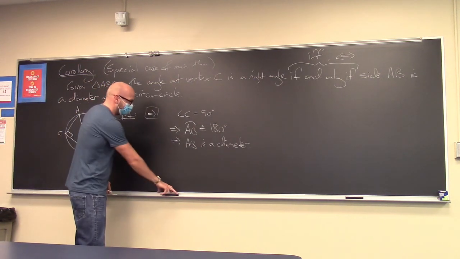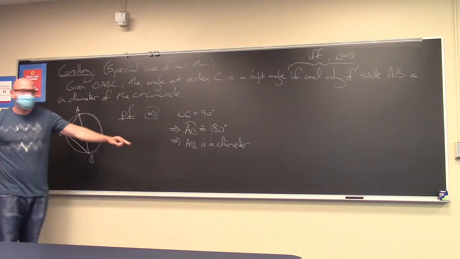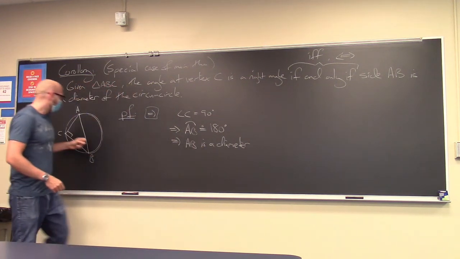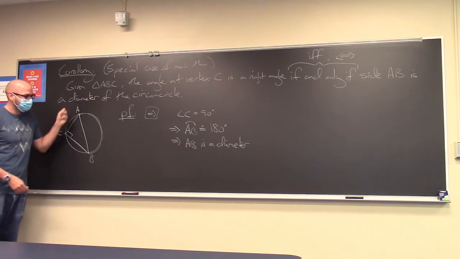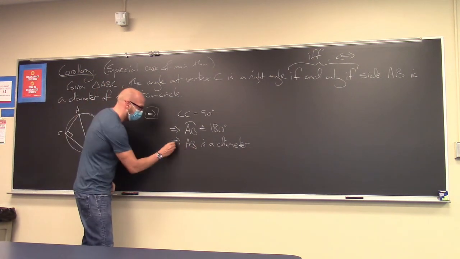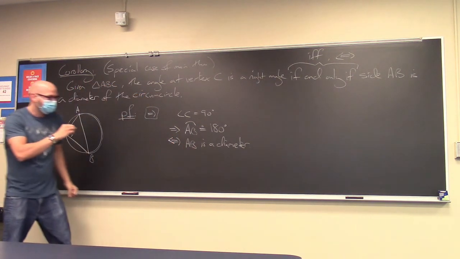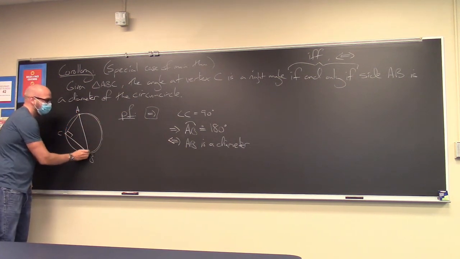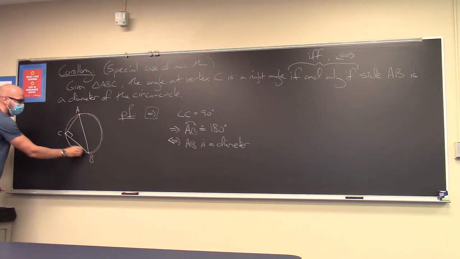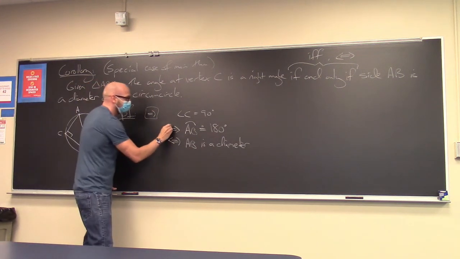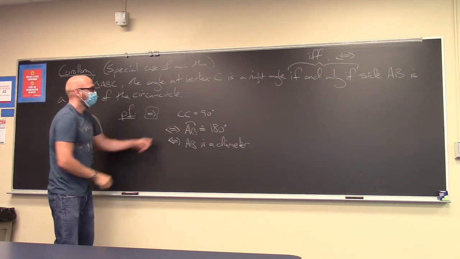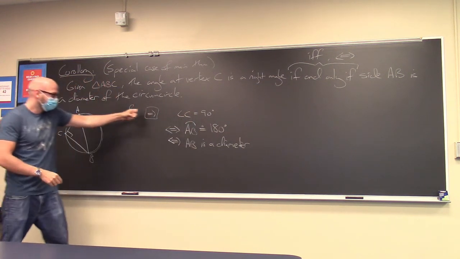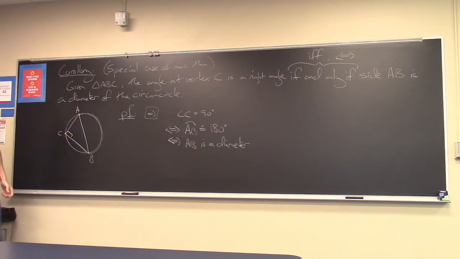And what you'll do here is realize that this is all completely reversible. If AB is a diameter, then the arc AB must be 180 degrees, so it actually implies the opposite direction too. And if arc AB is 180 degrees, well, this angle here must be half of that, so angle C must be 90 degrees. So this can be read backwards too. This implies that angle C is 90 degrees. And then we're done.